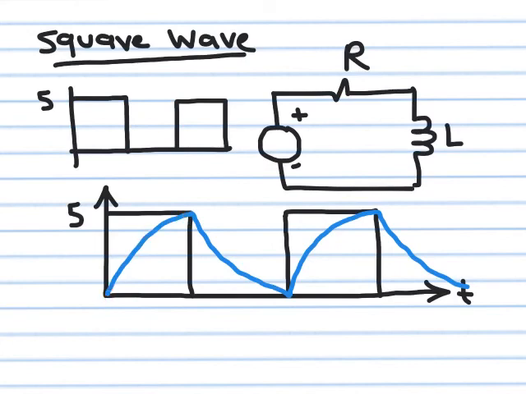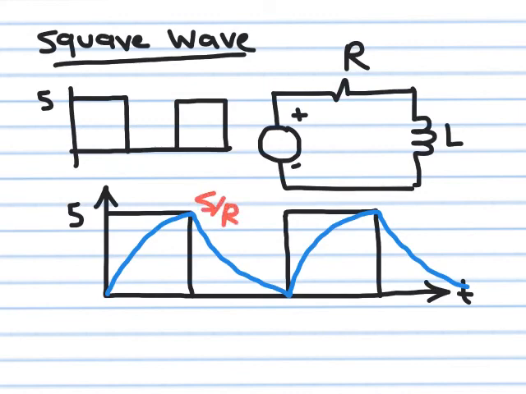Well, it depends on how the time constant, which is L over r, compares to the width of this square wave. If this width is sufficiently big, we have sufficient time within this positive pulse to charge the inductor, then the inductor current will reach its peak value, which is simply 5 over r.